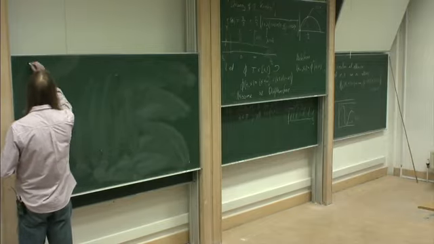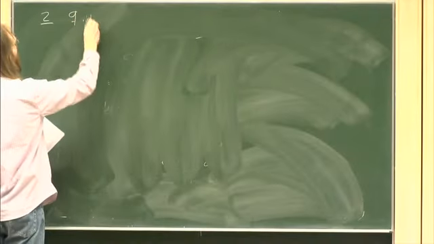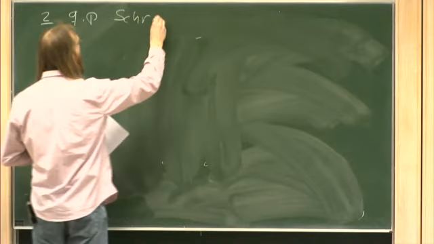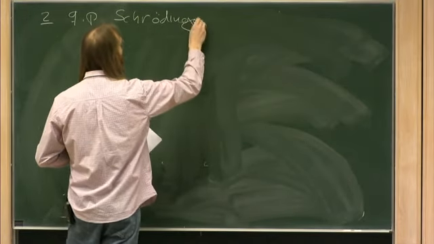So now example number 2. It's a quasi-periodic Schrödinger cocycle.